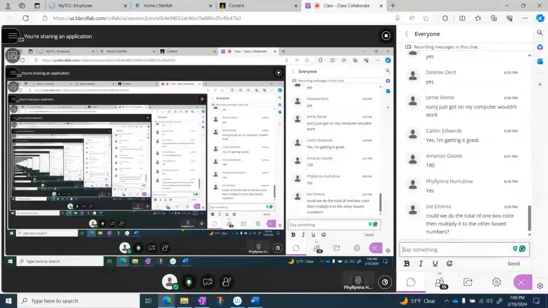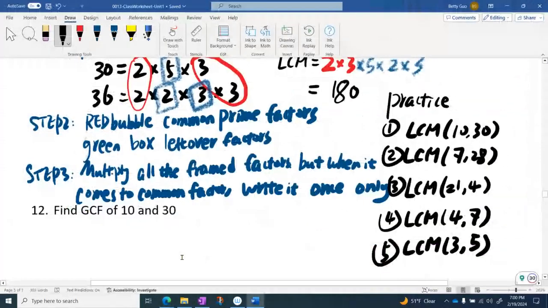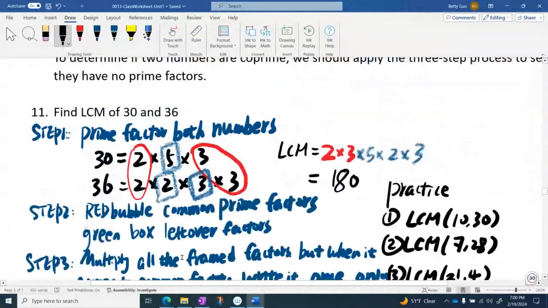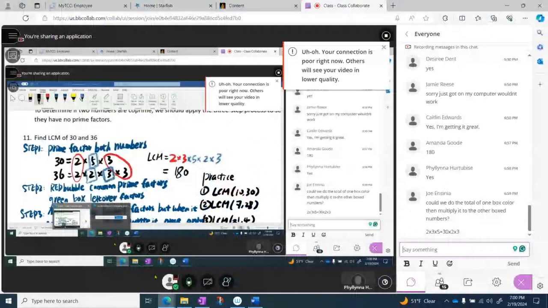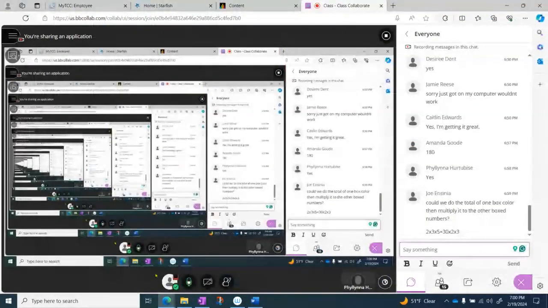For example, 30 and 36. What box colors? Two times 3 times 5. Oh, the leftover is 30.